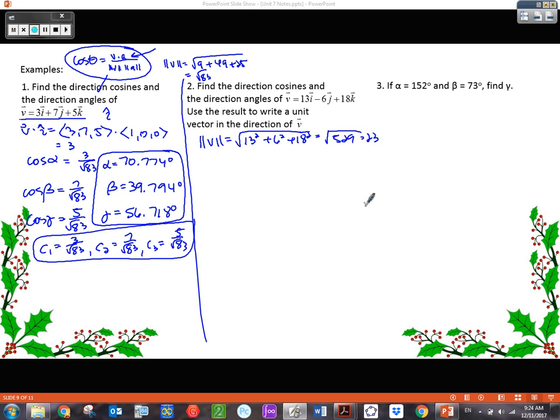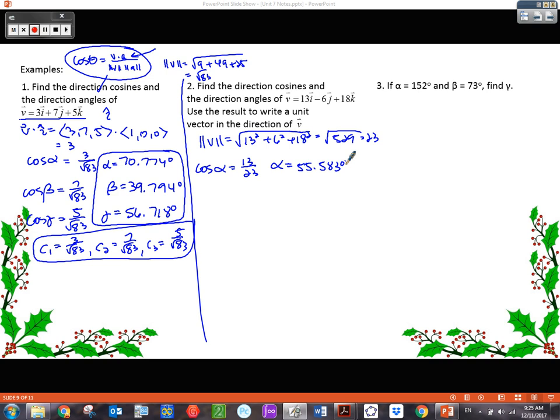So let's work on direction angles and direction cosines. Cosine of alpha is 13 over 23. I'm going to do the inverse cosine of 13 over 23 in my calculator, and my angle alpha is 55.583.